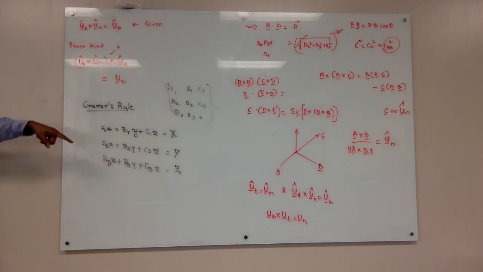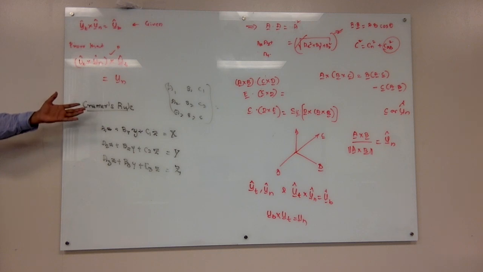The capital XYZ are expressed in terms of small xyz. A1, B1, C1 is known. They will be just numbers. What you need to do is understand how to express small xyz in terms of capital XYZ. You understand? And for that you have to use Cramer's.